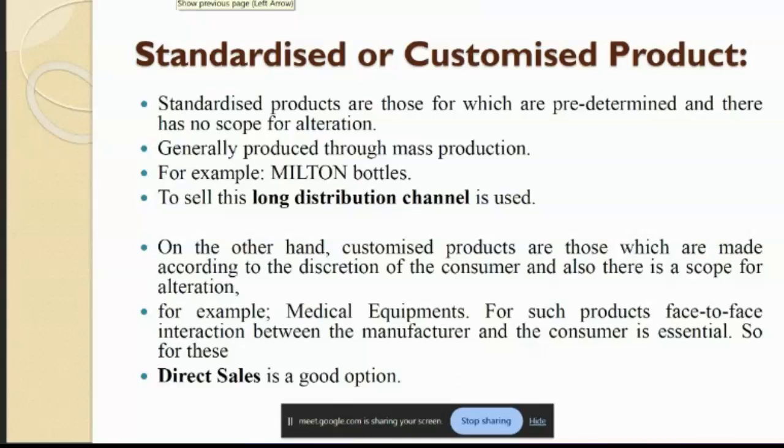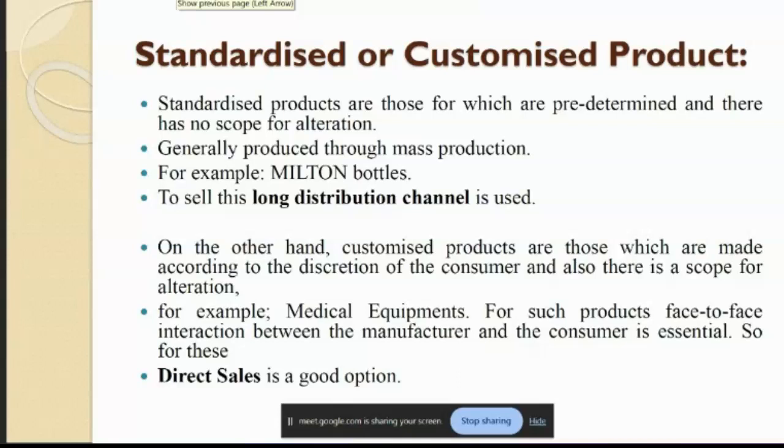The reason is that you don't need to alter it. Once the machine is set and the raw material is ready, you just produce it, get it packaged, and easily distribute it to your distributor, wholesaler, trader. That is how a standardized product should always be given a long distribution channel.